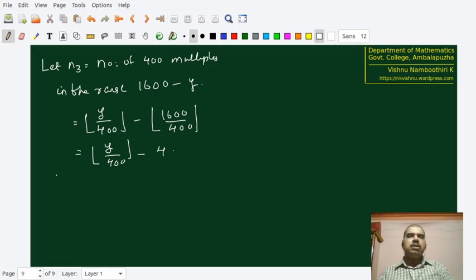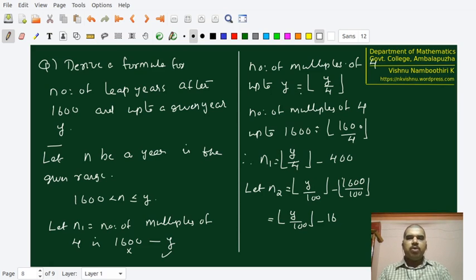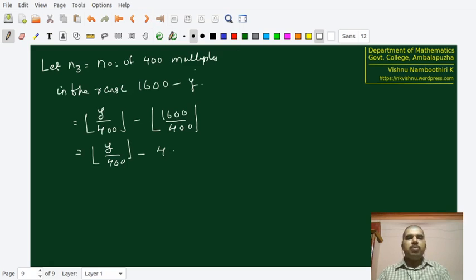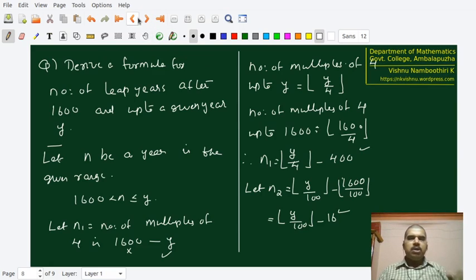So now we have calculated the following things. We have the number of multiples of 4 up to y, that's n1. The number of multiples of 100 we have here, and the number of multiples of 400 we have here. Now we need to count the multiples of 4, but from them we need to exclude all the 100 multiples, and at the same time we need to include the 400 multiples.